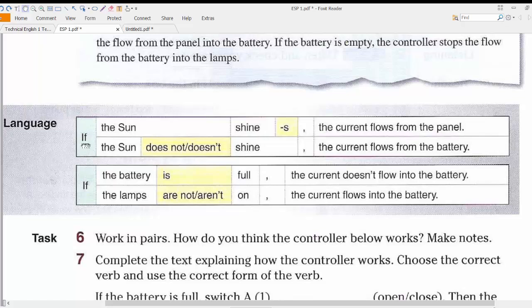Language. If, معناها إذا. Let's read. If the sun shines, comma, the current flows from the panel. If the sun doesn't shine, the current flows from the battery.